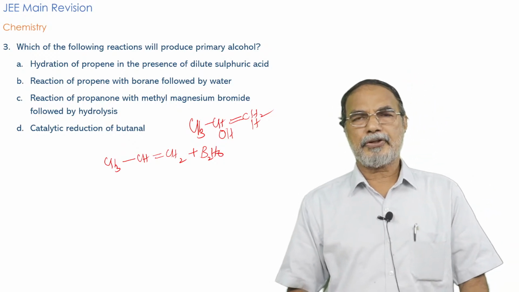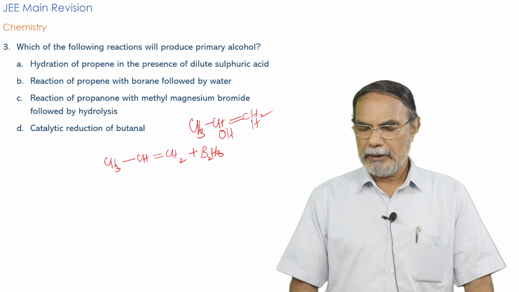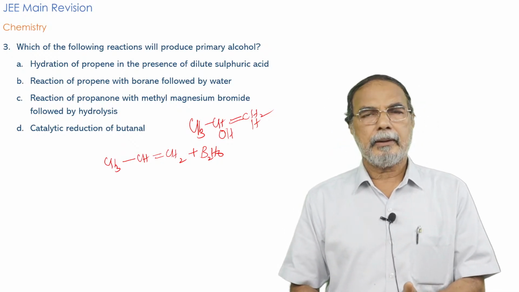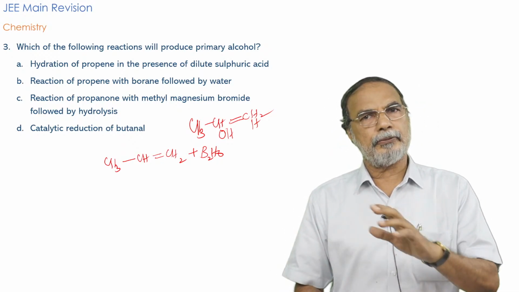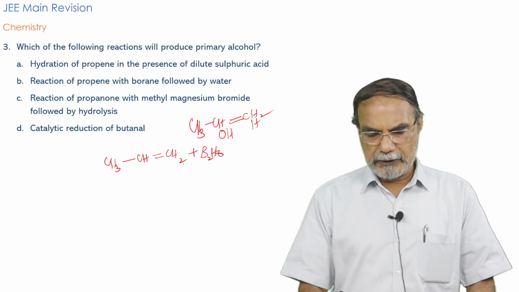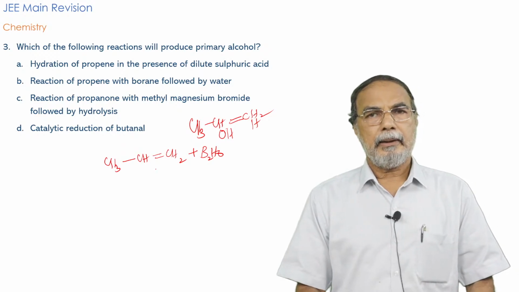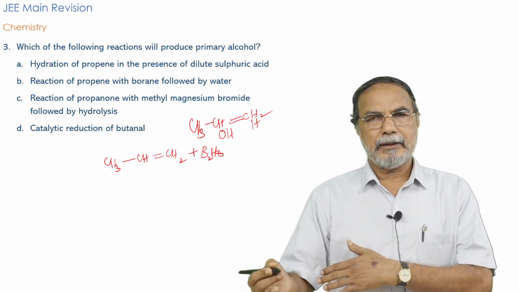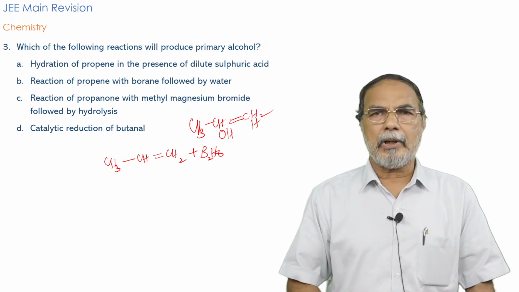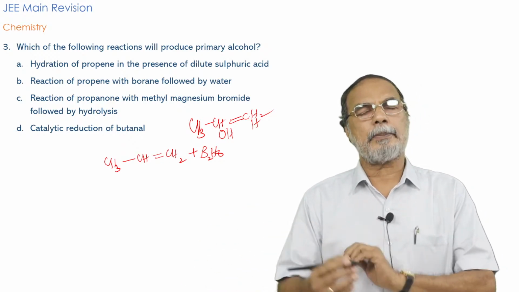You might have studied the hydroboration reaction. It is the addition of borane in an anti-Markovnikov manner. However, the product that you get by the addition of borane has to be oxidized by alkaline hydrogen peroxide to get the alcohol as a product.